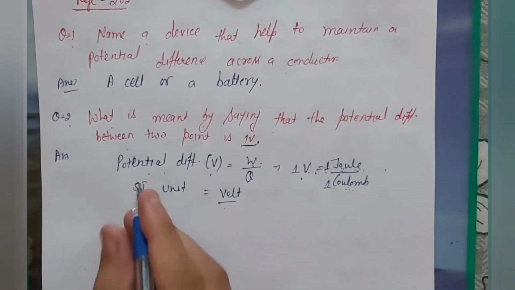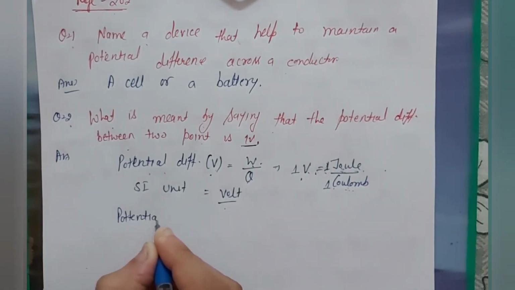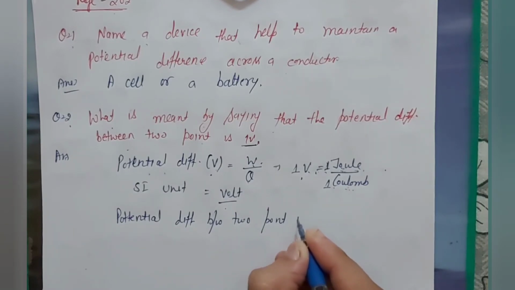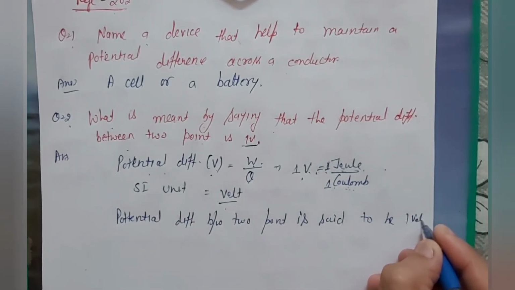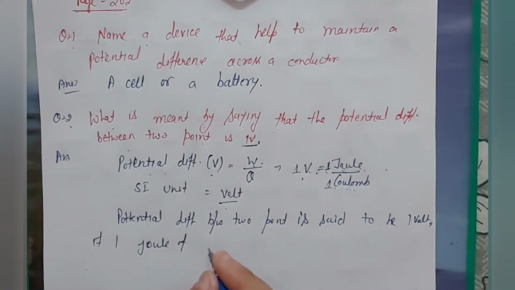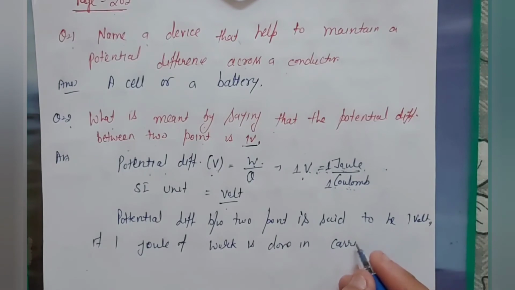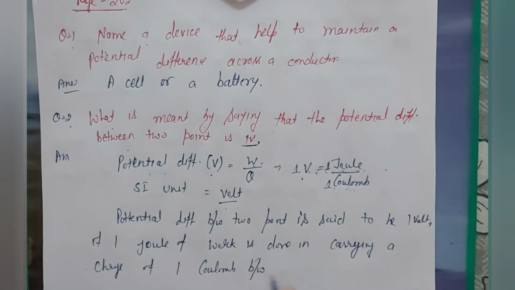Okay, so what can we write? Potential difference between 2 points is said to be 1 volt if 1 joule of work is done in carrying a charge of 1 coulomb between 2 points.